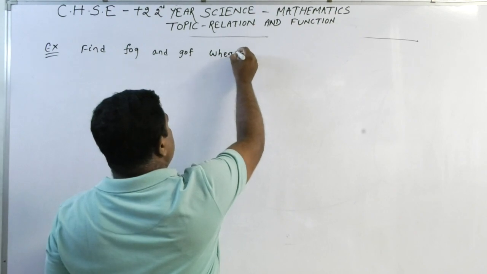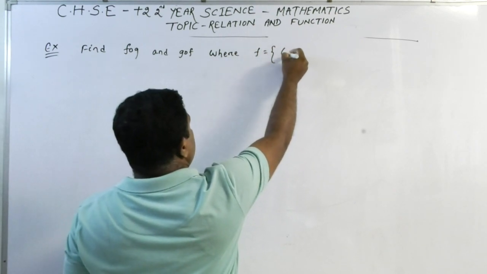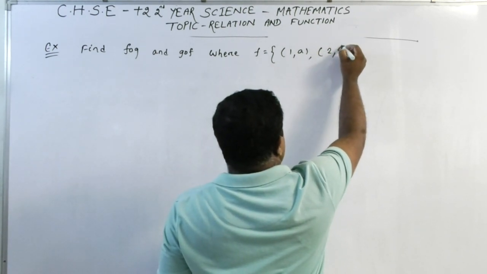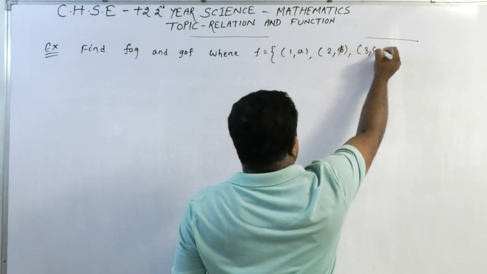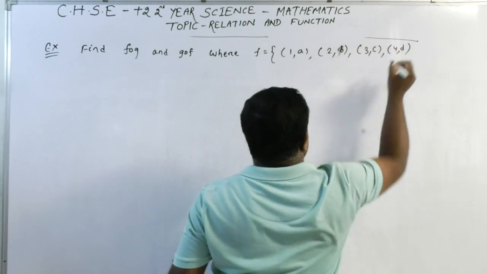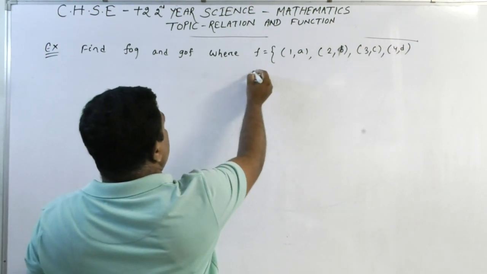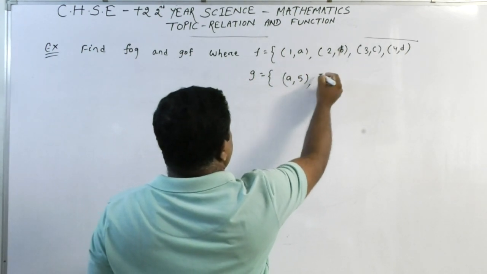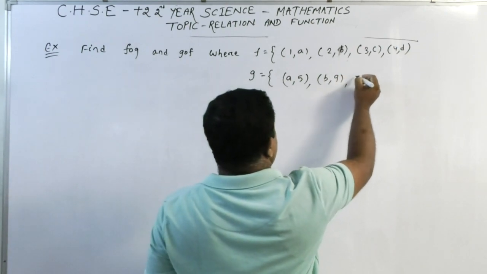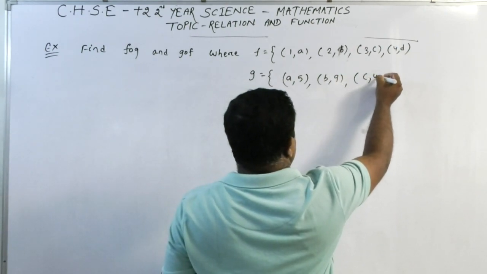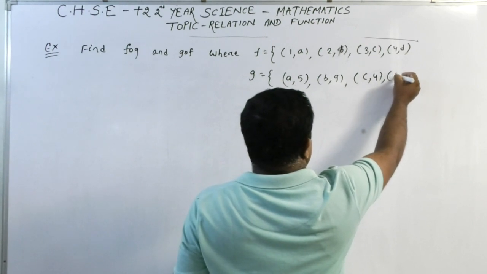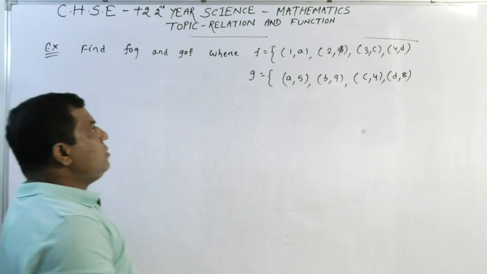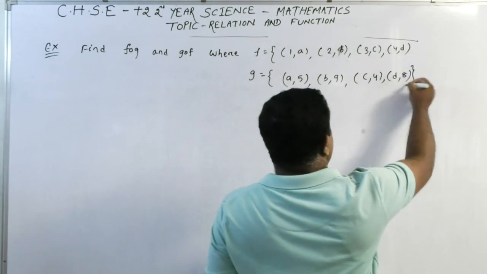When f equals 1a, 2b, 3c, 4d, and g equals a5, b9, c4, d8. Clear? Suppose in this way the functions are defined.